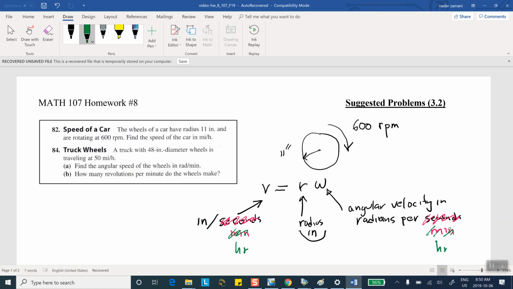So you decide. Since the speed in terms of rounds per minute was given in terms of minutes, the middle one is what I'm going to be using. Let me erase all of this.